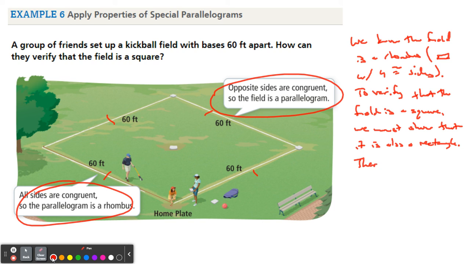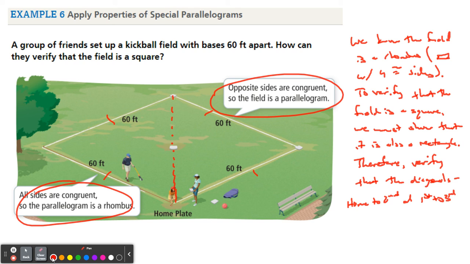Therefore, verify that the diagonals, that would be the distance from home to second base, which would be this line, and first to third, that'd be this line, are congruent.